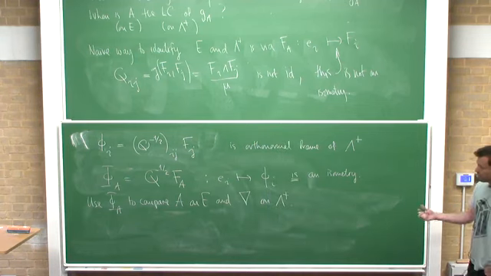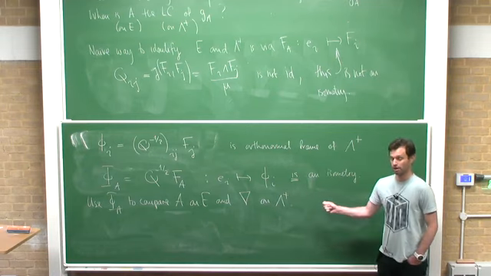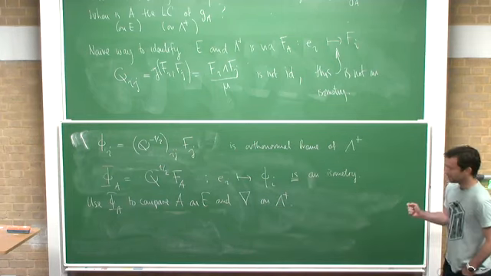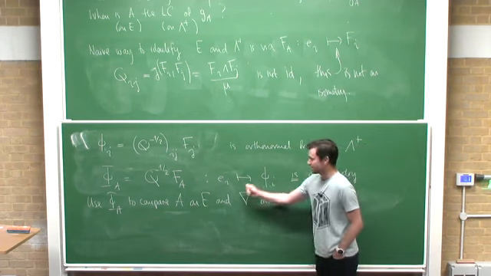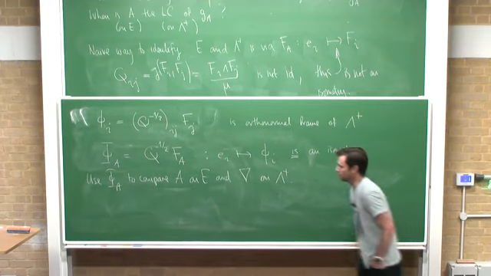They're both metric connections on lambda plus, but of course there are lots of metric connections on lambda plus. How do I single out the Levi-Civita connection? It's determined by the fact that it has vanishing torsion. So let me give you the four-dimensional analog of that.